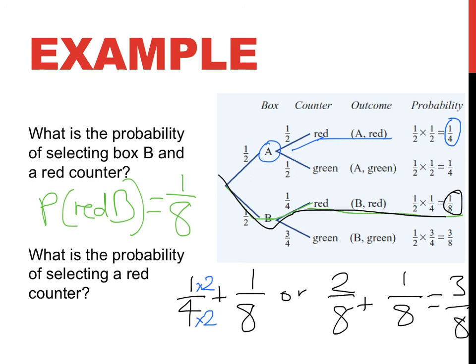Or I can just pop it in on my calculator. So that's the probability of selecting a red counter. See how that's a little bit different this time, guys, because we're involving a scenario that involves more than one step. So we had to combine the probabilities of two separate events. And that's it, guys. That's tree diagrams.